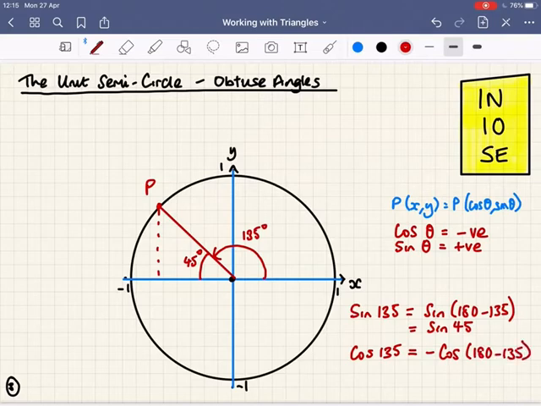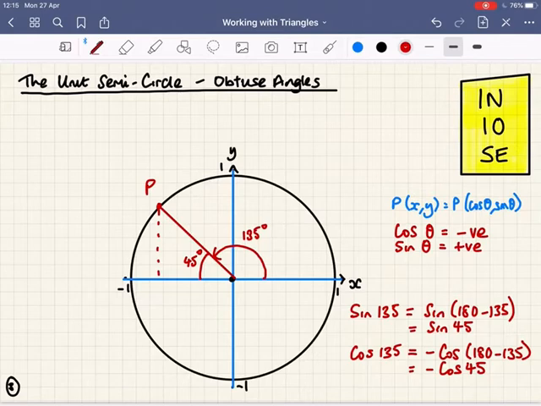So in other words, it's going to equal minus cosine of 45. And that's going to be very useful, again, with families of angles. They go together, but the signs change as we go round this unit circle.